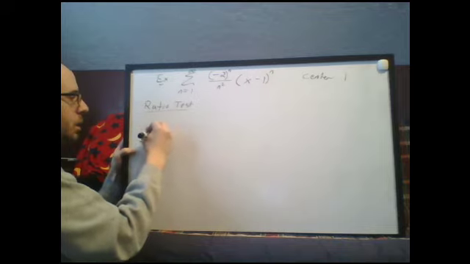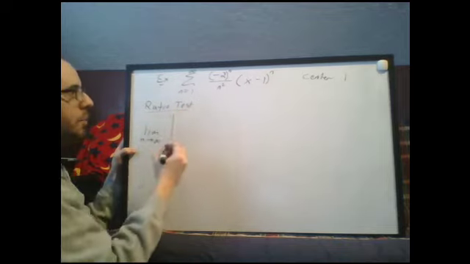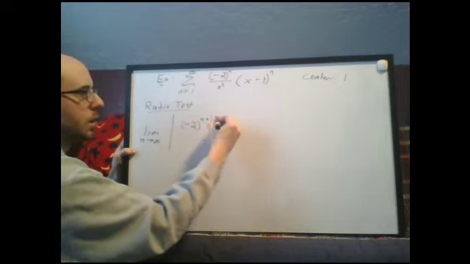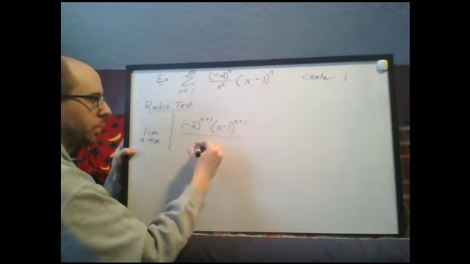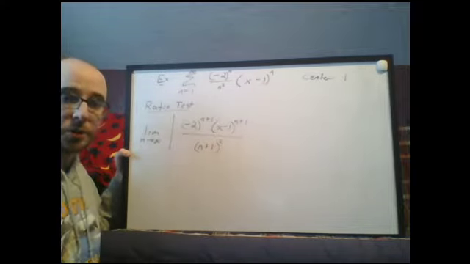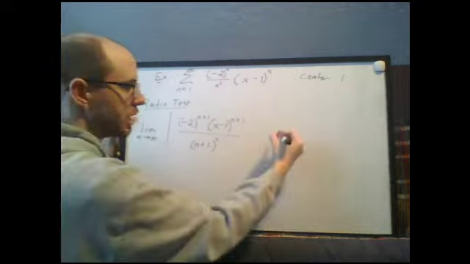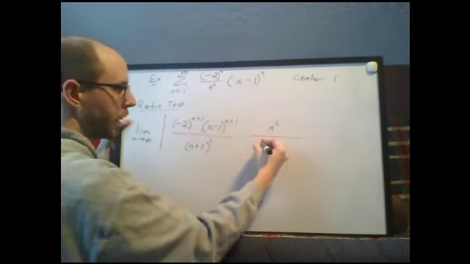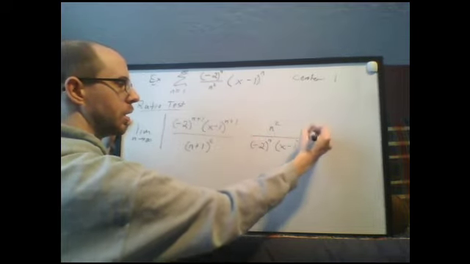So we look at the limit as n approaches infinity of the absolute value of negative 2 to the n plus 1 times x minus 1 to the n plus 1 divided by n plus 1 squared. That's our n plus first term, times the reciprocal, which means n squared is on top, and these other things are on the bottom, so negative 2 to the n, x minus 1 to the n.